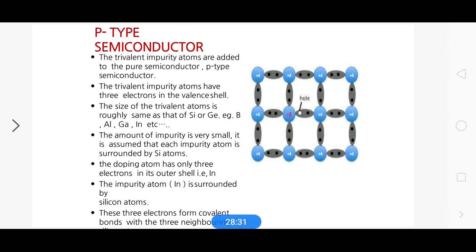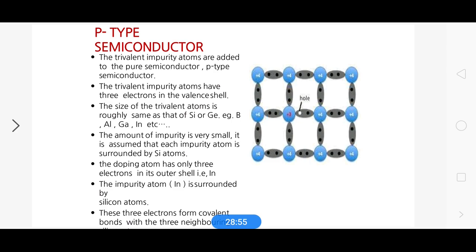We know that the concentration of the impurity, meaning the doping rate, is one impurity atom of boron or aluminum or gallium or indium for every 10 power 6 to 10 power 10 atoms of silicon. So that's why these impurity atoms are automatically surrounded by the parent atoms, that is silicon atoms.